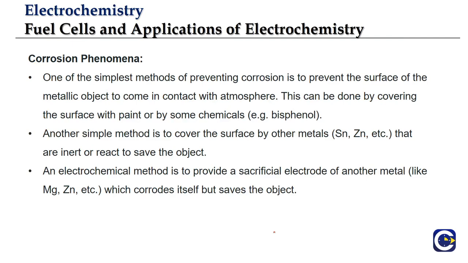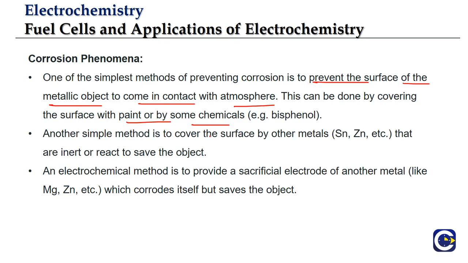So there are multiple approaches to prevent the corrosion or rusting of iron, and one very basic method is to paint the surface with some specific chemicals, which prevent the surface of the metallic object from coming into contact with the atmosphere, because the overall process is happening because the metal surface is coming into contact with the atmosphere.